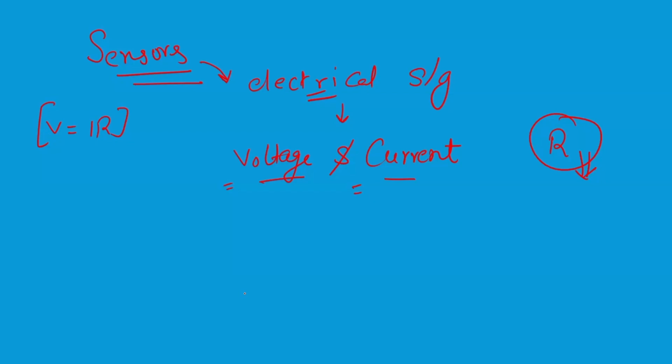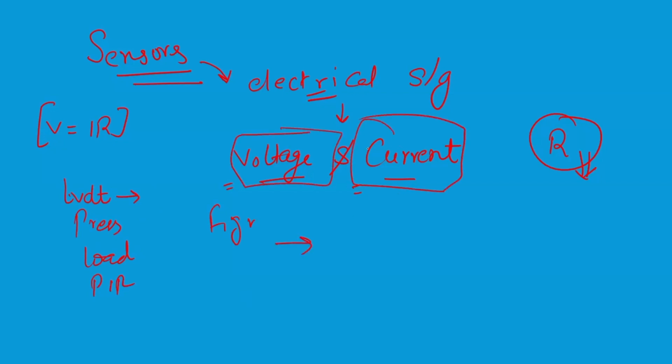Detect a physical change that is converted into a signal, finally a signal to a system. Great. LVDT. My dear, LVDT is a sensor that measures distance. Pressure sensor, load sensor, PIR sensor, your fingerprint sensor, right? All these convert their data in terms of either voltage or current, right?